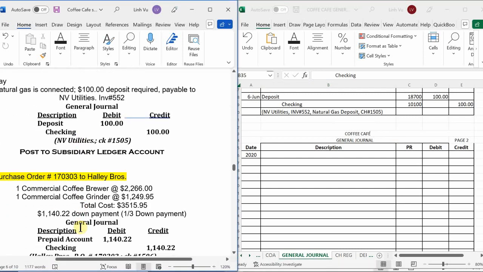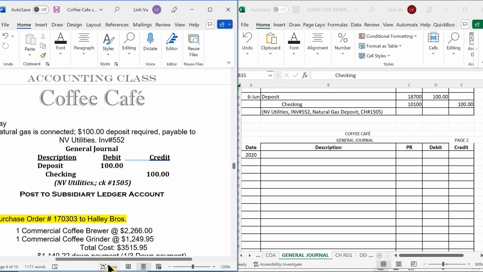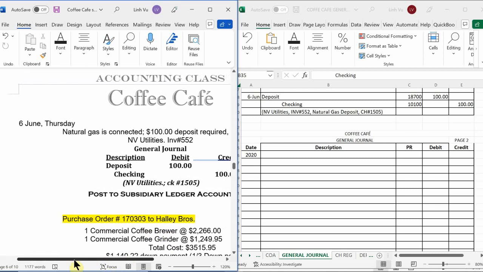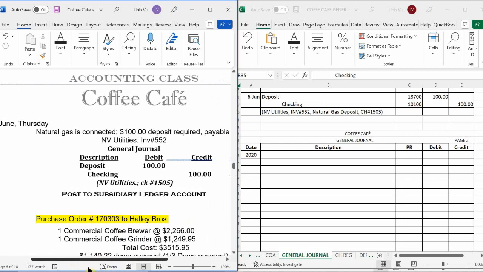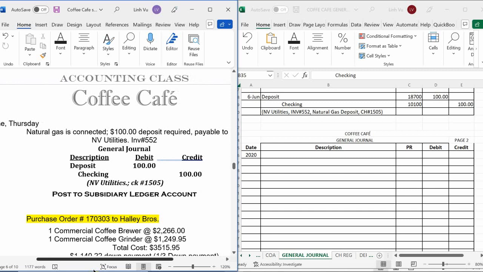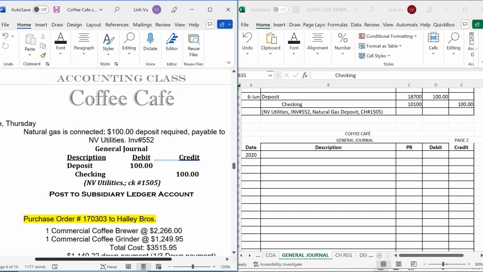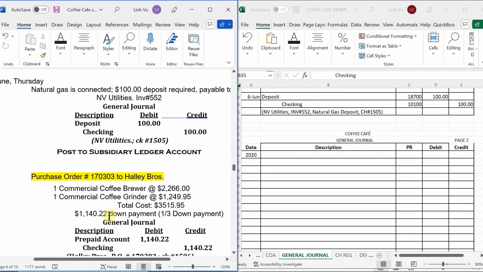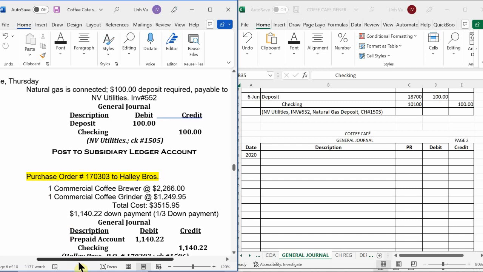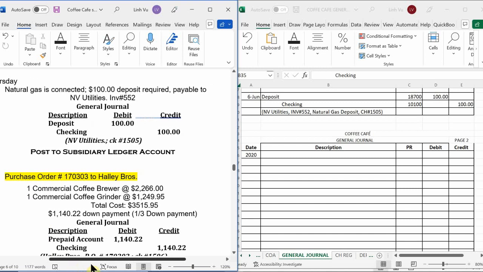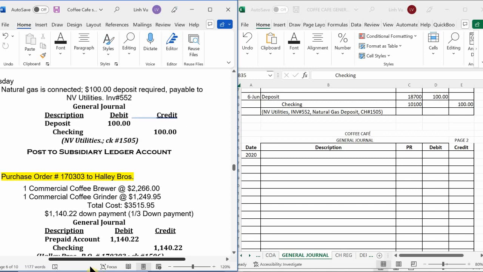Okay. So the next thing that we have here is another purchase order, 17303 to Hallie Bros. What we're going to do here is order a commercial coffee brewer for $2,266.